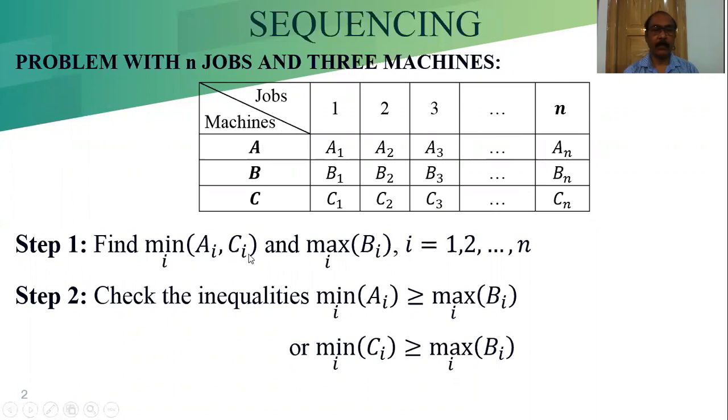Step 1, find the minimum of A and C. We have to check the minimum of Ai and Ci and the maximum of Bi. That means for the second machine, we have to find out the maximum, and for A and C, we have to find out the minimum.